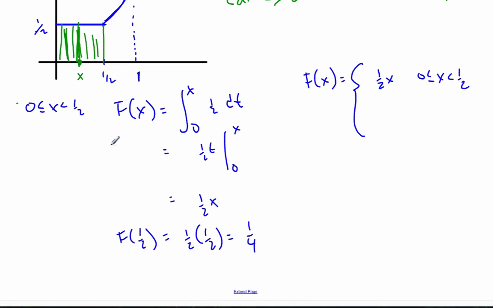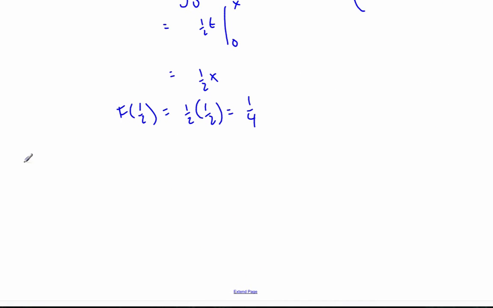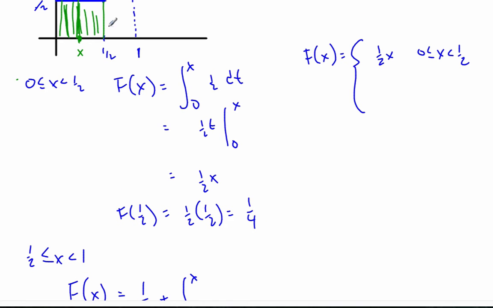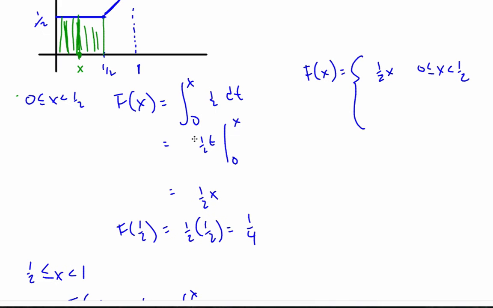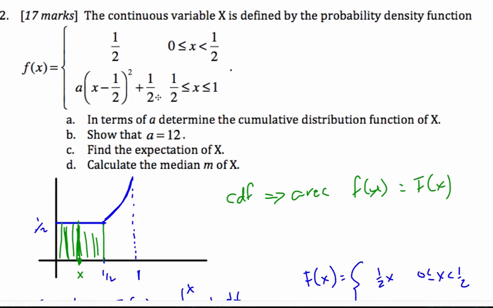Doing the second part of the function, though, if I want to consider the function now from 1/2 to 1, well, if I'm going to find that function, I know I first have to add the 1/4, and then I'm going to have to integrate from 1/2 to x as I accumulate area here of my function, which is a quadratic.